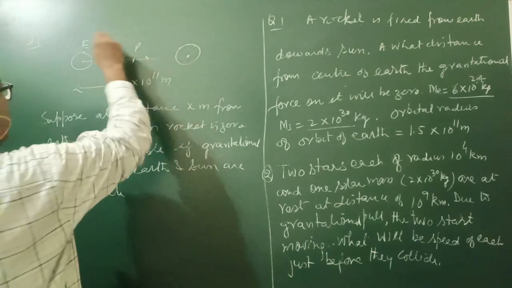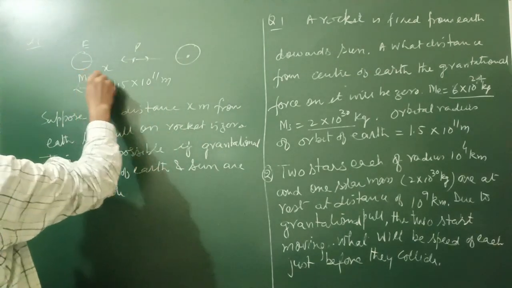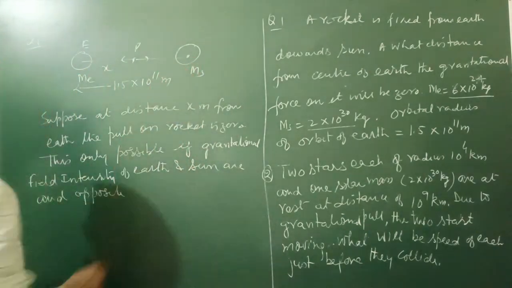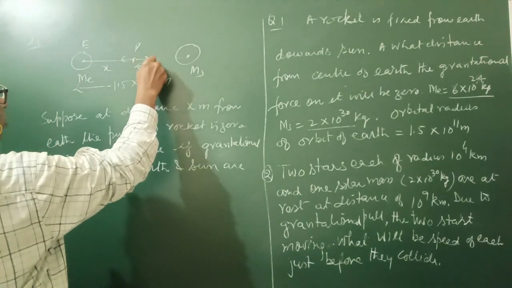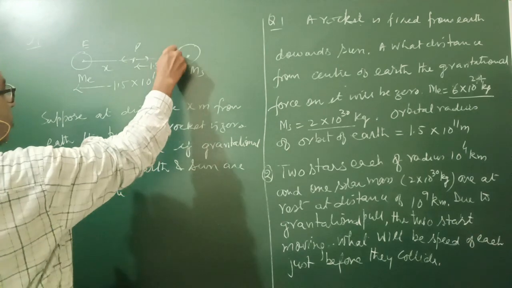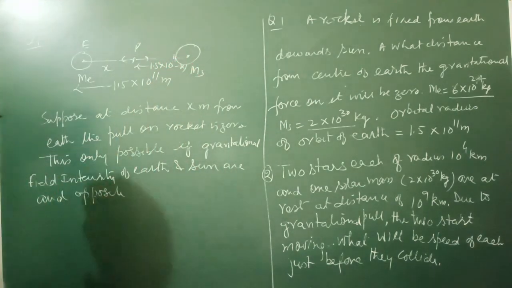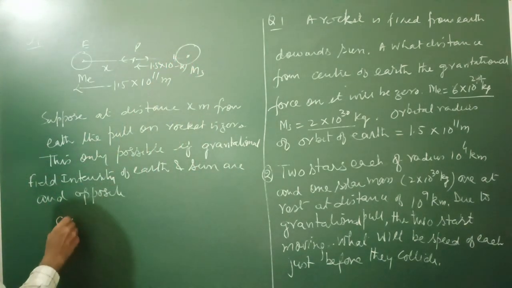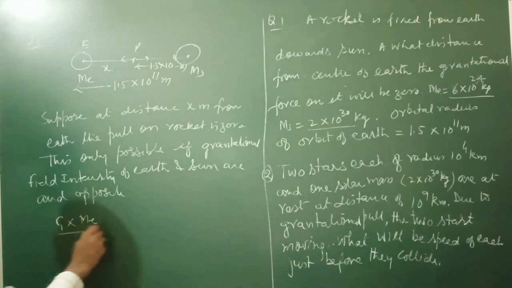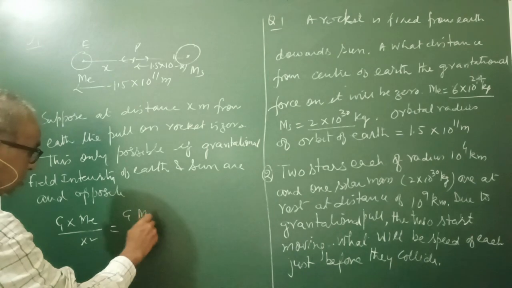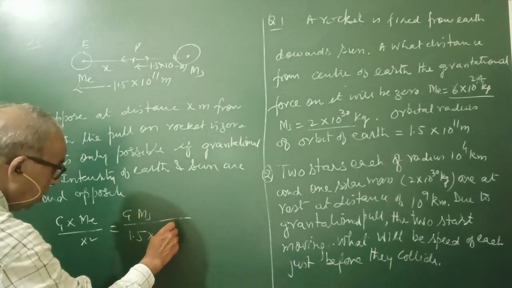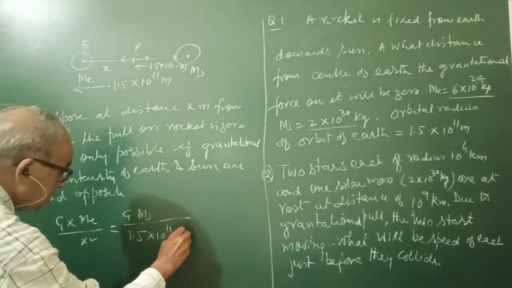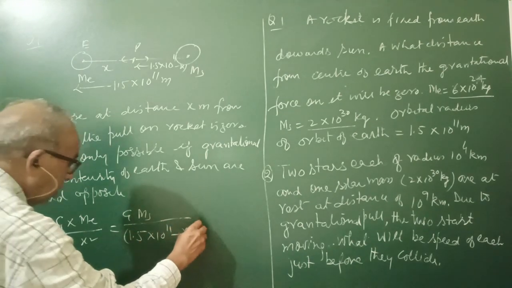Mass of earth ME, mass of sun MS. So if this distance is x, the remaining distance will be 1.5 into 10 to the power 11 minus x meter, and hence G into ME upon x square equals G MS upon (1.5 into 10 to the power 11 minus x) whole square.